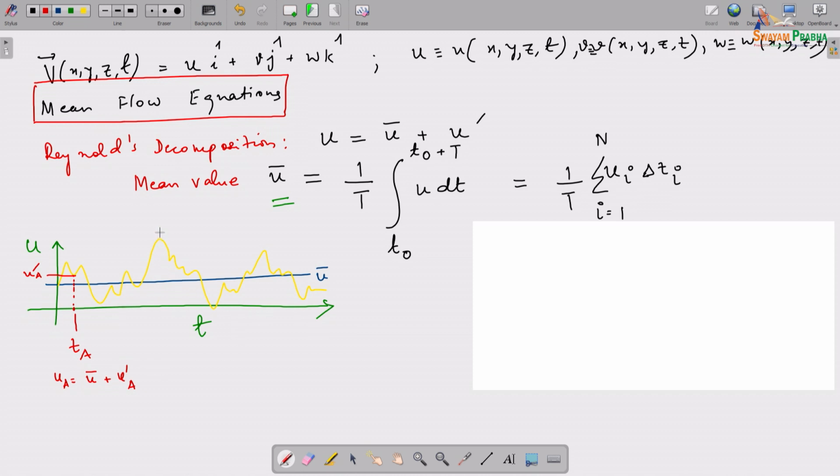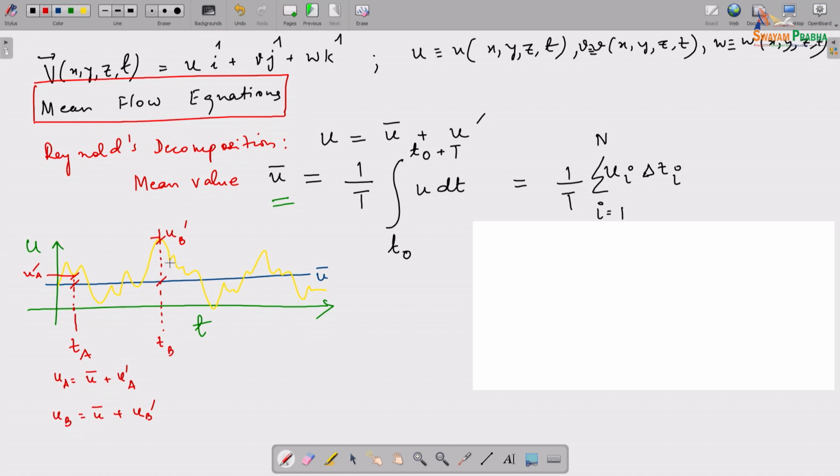Similarly, if I have, say, TB here, this is UB dash. So UB is equal to the mean plus UB dash, the total velocity. So the fluctuation is with respect to the mean values. This is my UB dash.